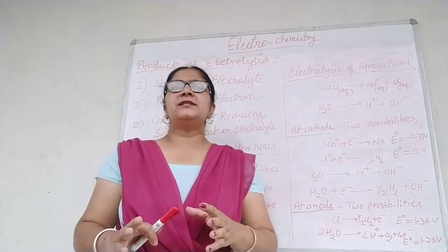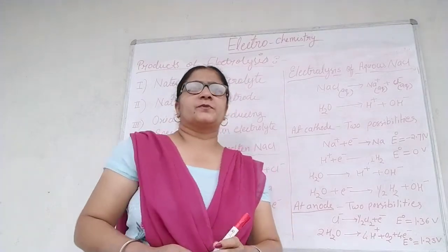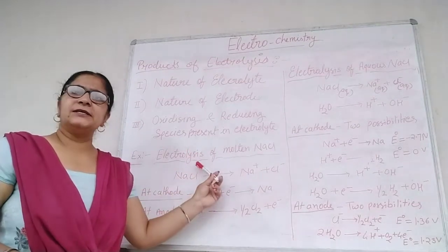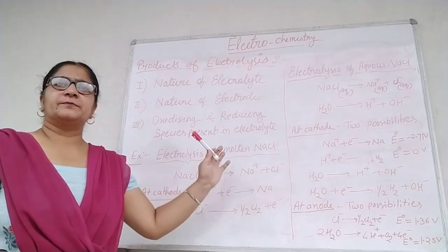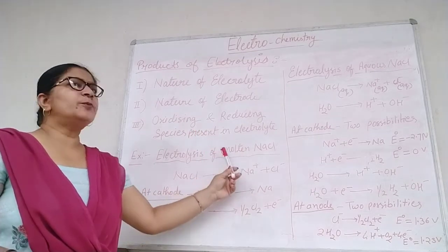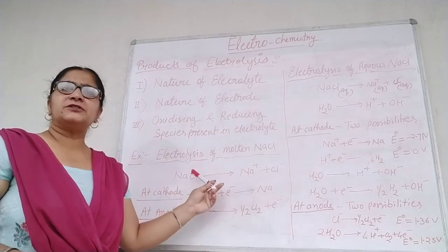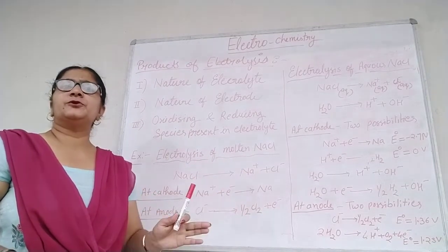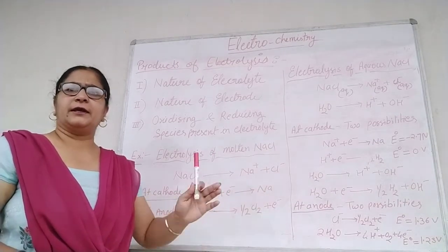Now we shall see some examples of electrolysis. For example, we electrolyze molten NaCl. This is the simple one. When current is passed through molten NaCl, it will be dissociated into sodium ion and chloride ion.